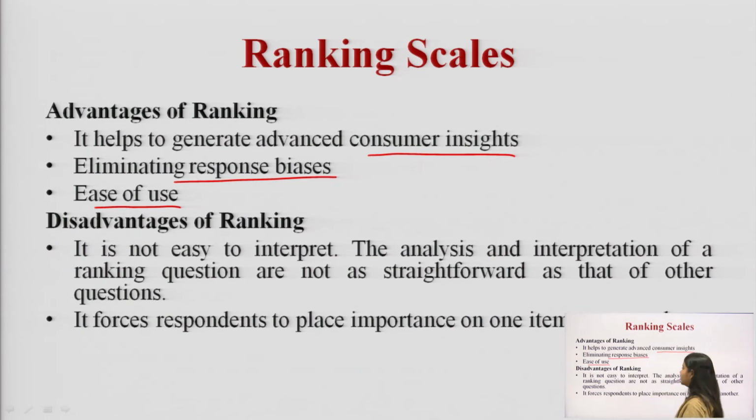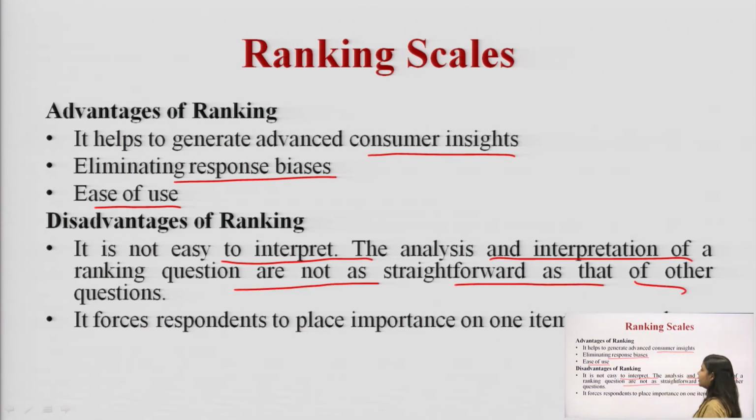Then the disadvantage of this ranking scale is that it is not easily interpreted. There is no positive and negative, no black and white in this. So, it is difficult to interpret, and the analysis and interpretation of the ranking question are not as straightforward as they are in, for example, the Likert scale or semantic scale.